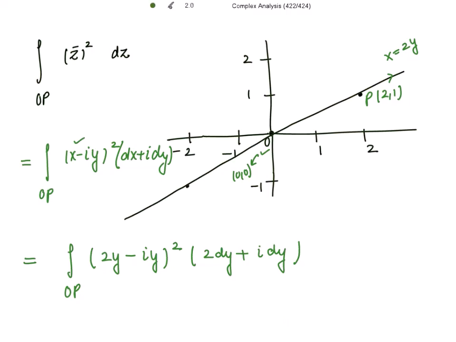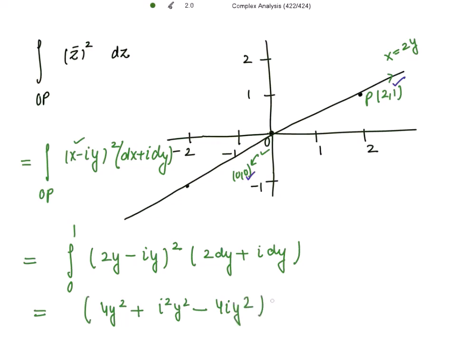Now because everything is in y, we have to put the limits of y. So for y, we are going to start from 0 to 1. Let's open this bracket. It is 4y square plus iota square y square minus 4 iota y square.